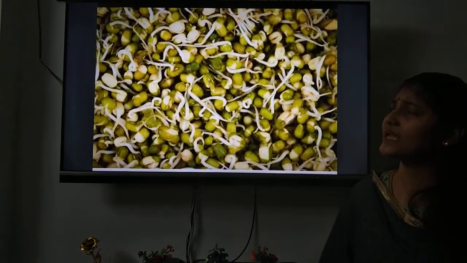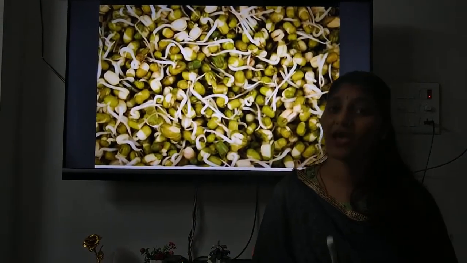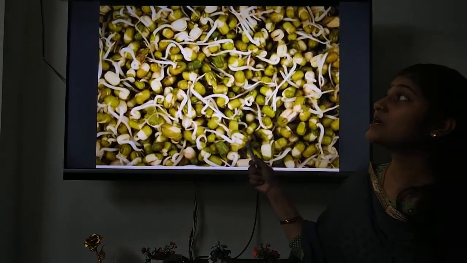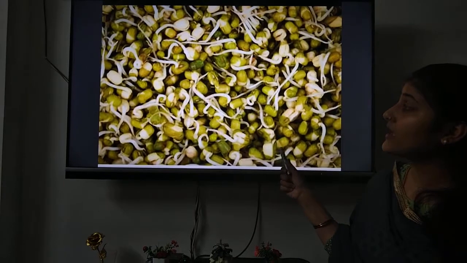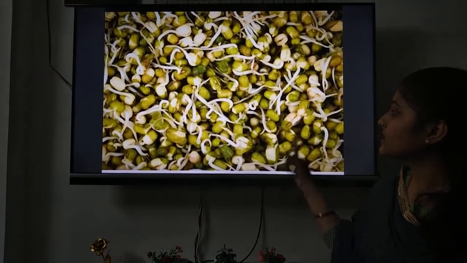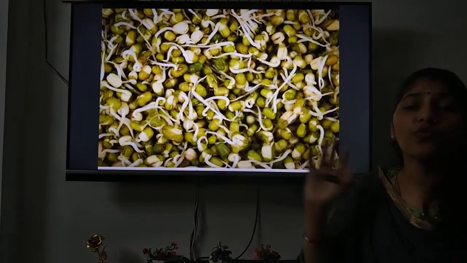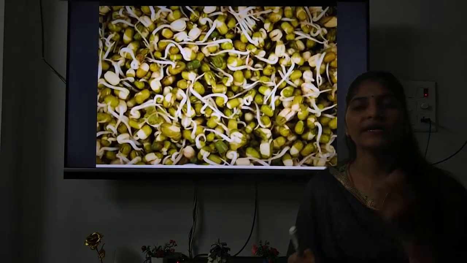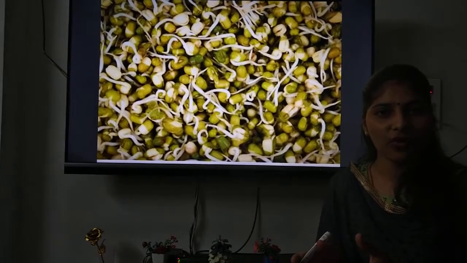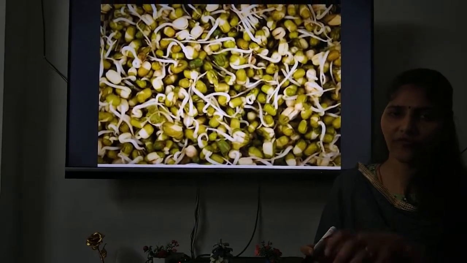Now here is an activity for you. The diagram you are looking at is of sprouts. This is green gram and it has sprouted. What you have to do is take 50 grams of green gram and soak it in water overnight.